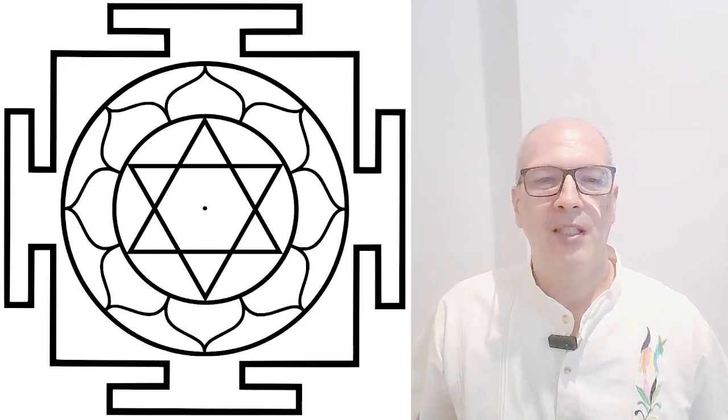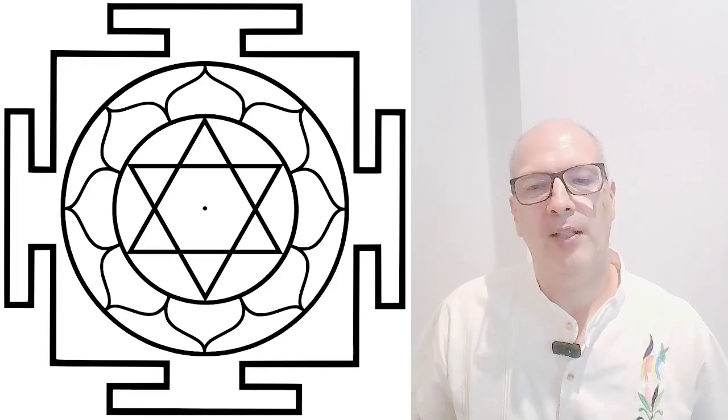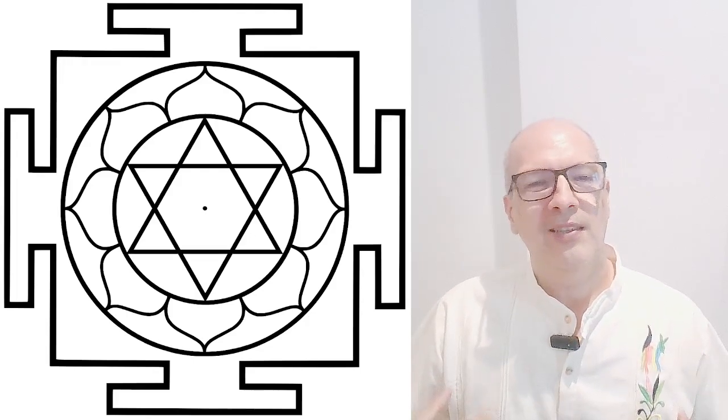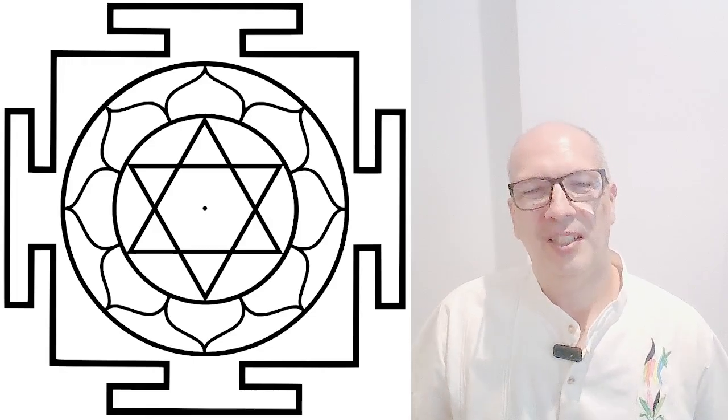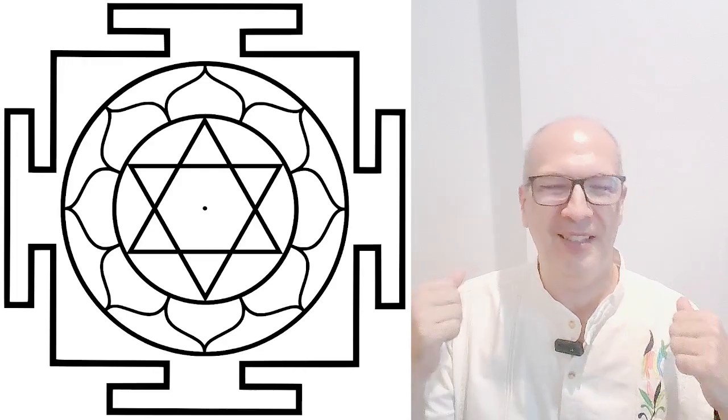So even if we put the yantra on the ground on different kinds of spatial orientation, in our internal geography and orientation, the face is to the east, the back is to the west.